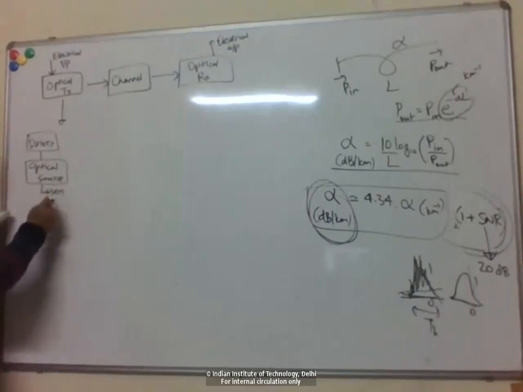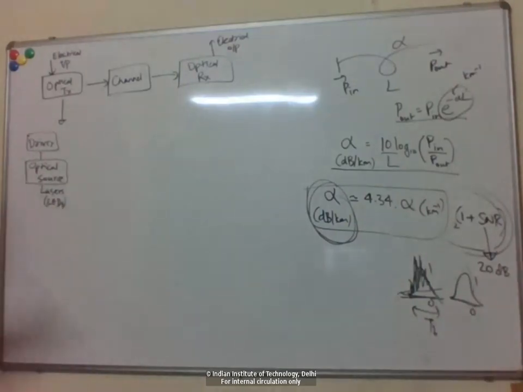In the first, like 1G, 2G systems, LEDs were also used. Even nowadays for shorter distances, for example within data servers or within a local metro network, below kilometer scale, LEDs can still be used because LEDs are much cheaper than lasers.